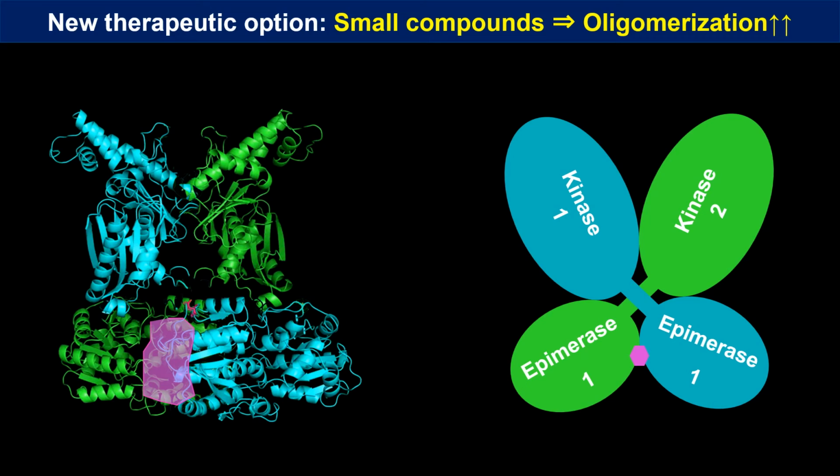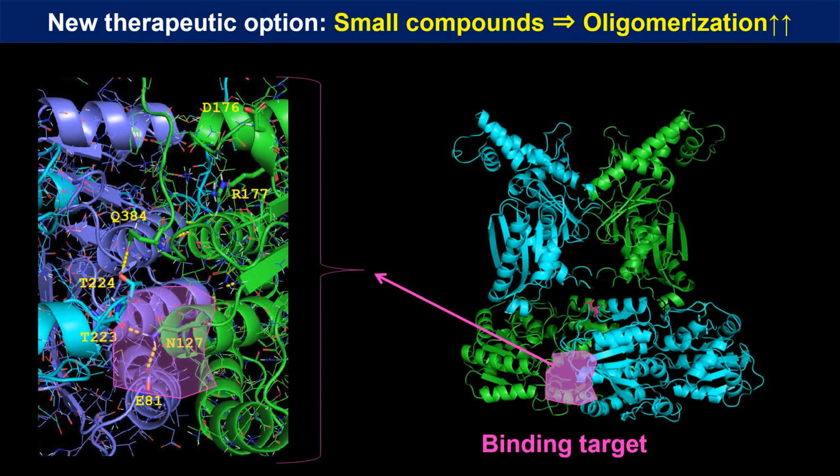And we found that in this pink area, this is a very important interaction surface of the two subunits. And we found hydrogen bonds that are connecting the two subunits together strictly and making a dimer in wild-type GNE. So we selected the cavity here as the binding target and are trying to find small compounds binding this target to fix oligomerization.